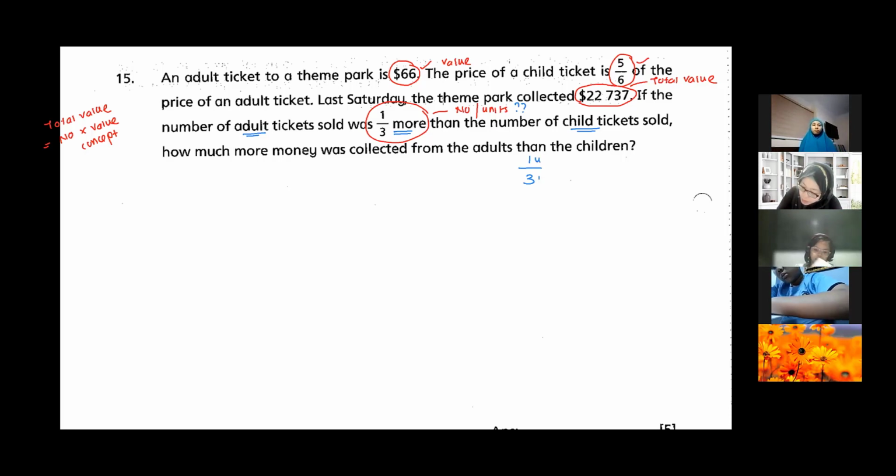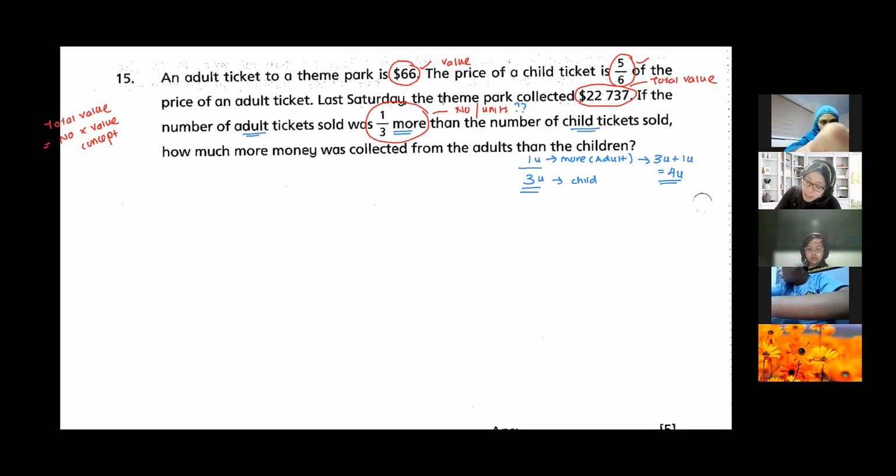This is the unit, and this is 1 over 3 more. Adult is more, and this is my child ticket. So adult will be more than child: 3 units plus 1 unit, that is 4 units. My adult is 4 units, and my child is confirmed 3 units.